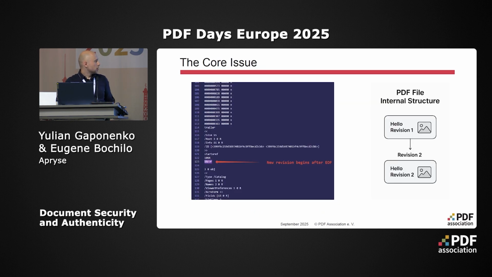To understand what's going on, again, we need to look at a lower level at how the document is built. Here you can see that the document actually contains multiple incremental updates. You can see that there is an end of file marker which is not at the end of the file. For simplicity's sake, let's assume there are two revisions to this document.